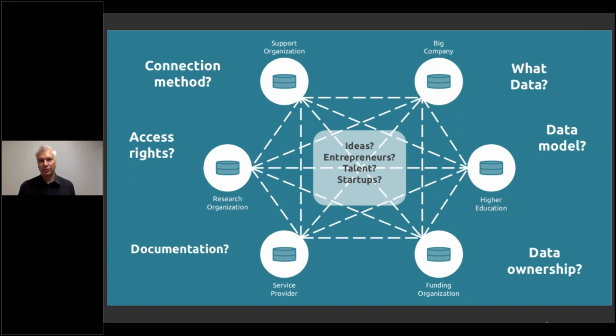What data, what information is there actually to be shared about the ideas, about entrepreneurs, about mentors, about investors, about events? What are the data models? So in what structure does the information exist in service A, service B, organization C, and so forth? And who should have the ownership of this data? And how should that data ownership be considered?